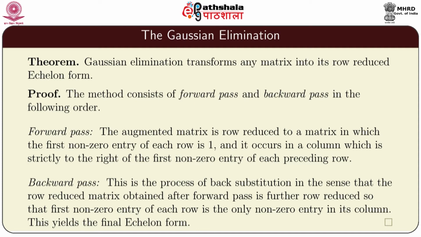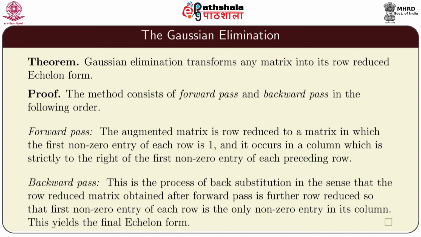It will become clear when we actually mention this particular method or the procedure for computing the echelon form. In fact, this is what is called the Gaussian elimination. This is the theorem which is going to describe the Gaussian elimination.